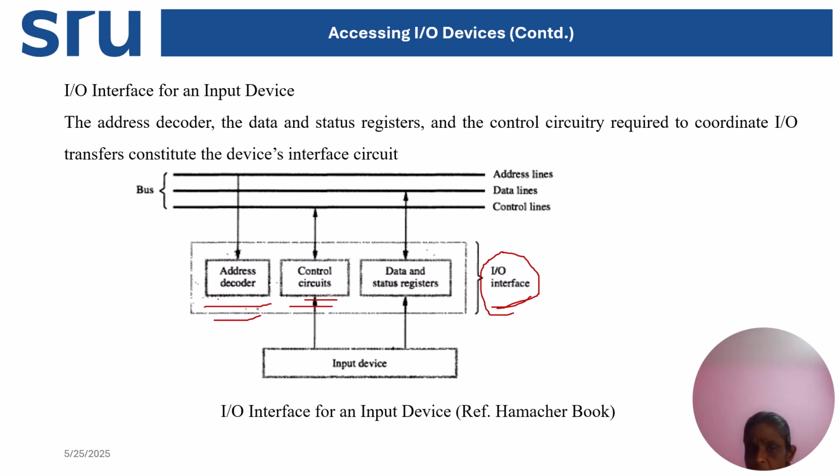And what are the buses? First one, the address line; the bus which will carry data; and the bus which will carry control signals. That is why the address decoder is connected to the address line, the control circuit is connected with the control line, and the data and status register is connected to the data line.